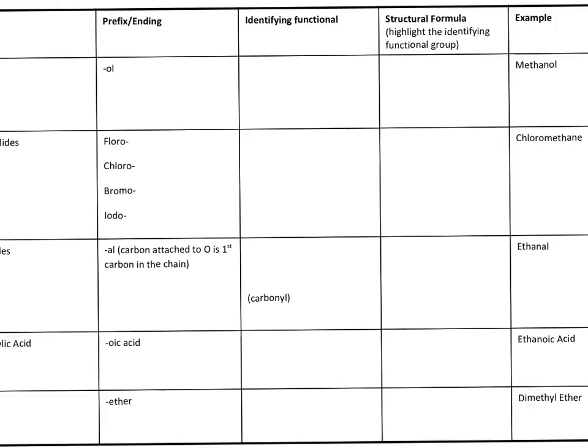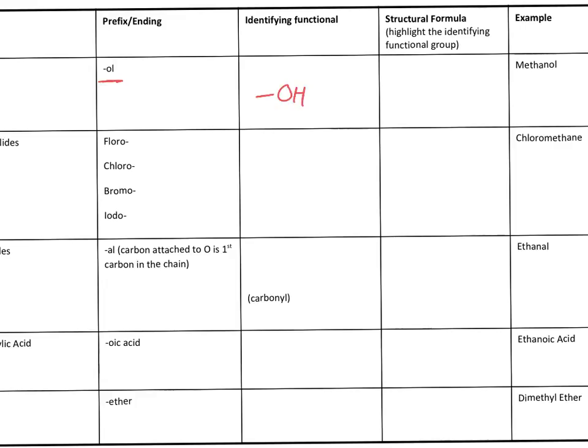Those are all different forms of alcohol, and they are all alcohols because they have an OH attached to them somewhere. We identify them by their name by looking for the OL. The OL in the name, the ending or the suffix in this case, is how we identify it as an alcohol.